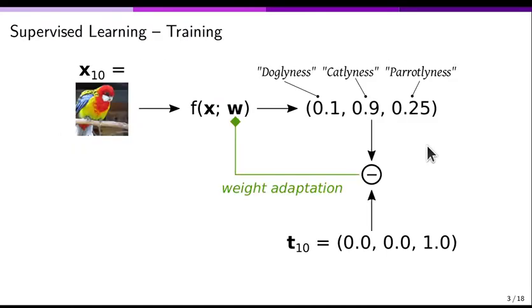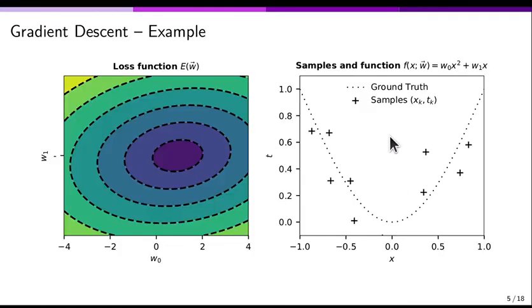But I still want to spend a little bit of time figuring out what's going on with this weight update. I want to start with a little example here, just to get some initial intuitions about this. Here's a really simple function, I don't even want to call it a neural network, with some weights and some inputs.